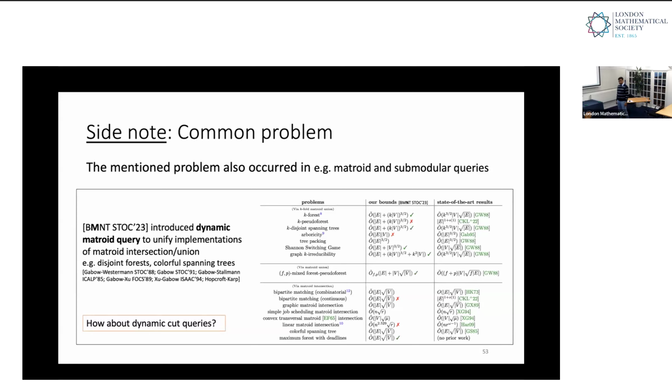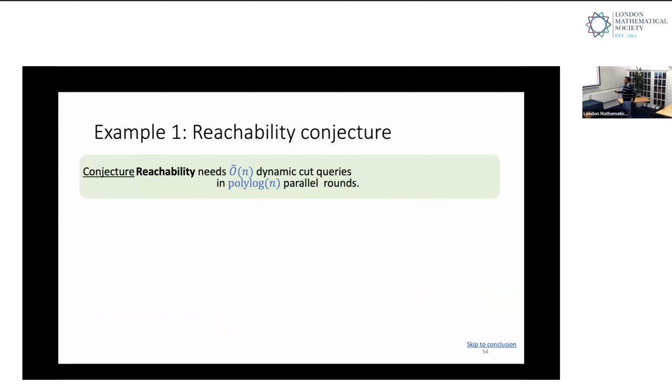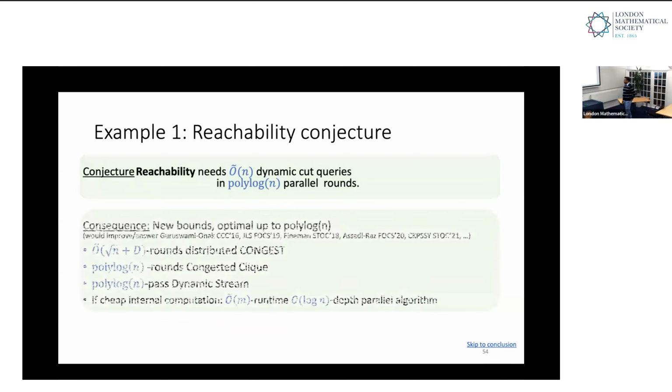What about dynamic cut queries? Here is a conjecture, and this is the conjecture I mentioned in the very beginning. If you can show that reachability only needs order n many dynamic cut queries in polylog n parallel rounds, then the consequences are amazing.